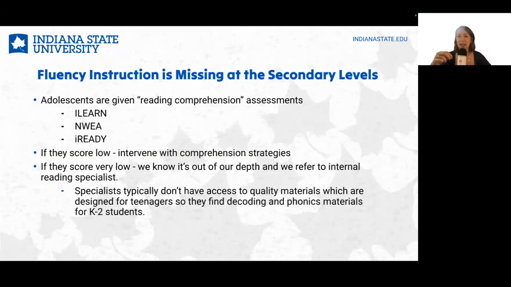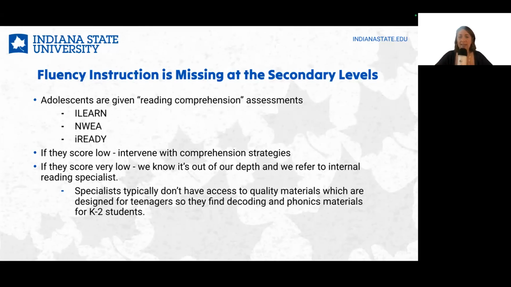Again, 90% of the time when they're trying to remediate or intervene, it's going to be comprehension strategies like the context clues, like trying to inference, that 3 cueing system, which we know is not effective.